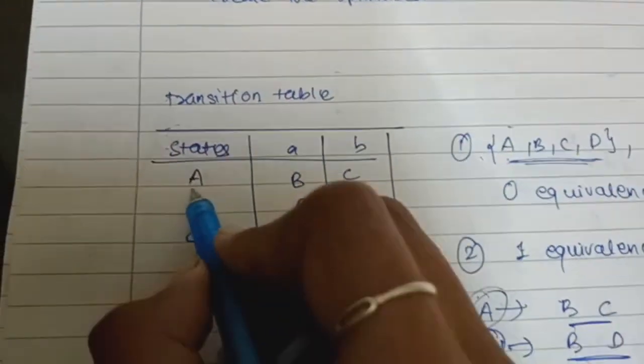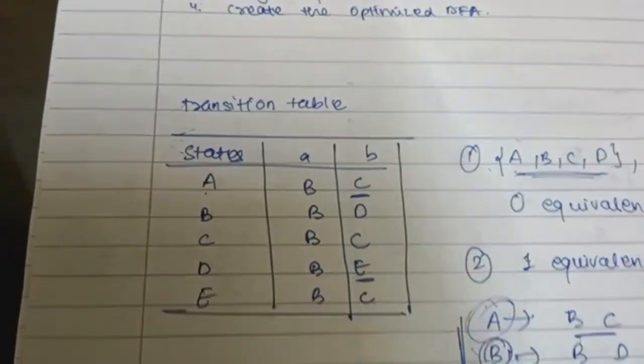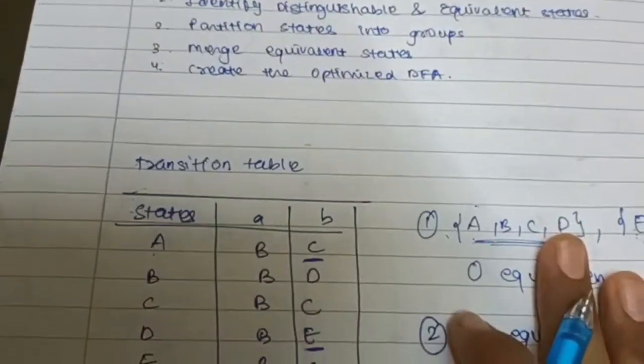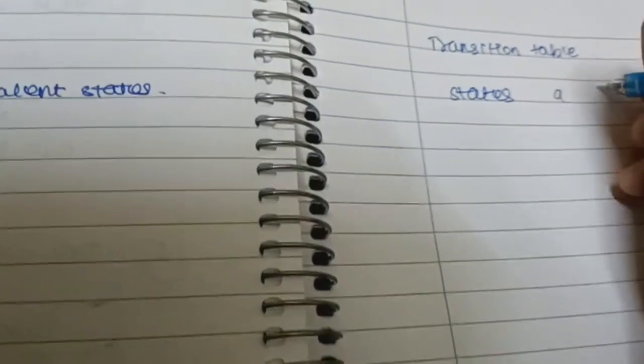So here in this transition table we can modify that. Instead of A we can write C, or instead of C we can write A. So instead of C we will write A. We stop this optimization process here because we get no more splitting. So our transition table will be reduced to what? States and input symbols A and B. What were my states?